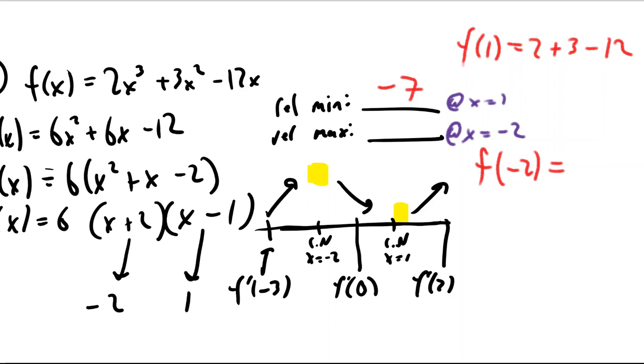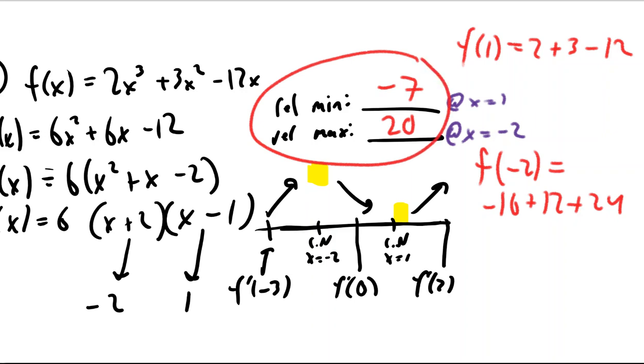So this would be 2 times -8 plus 3 times 4 minus 12 times -2. So got to be a little more careful with the directions here, but it looks like that should come out to be 20. So that's what I would call the relative max and min, and if I needed it, when they occur.